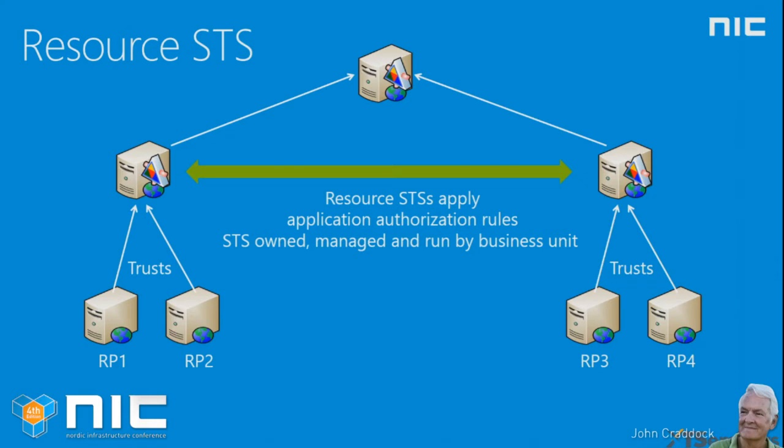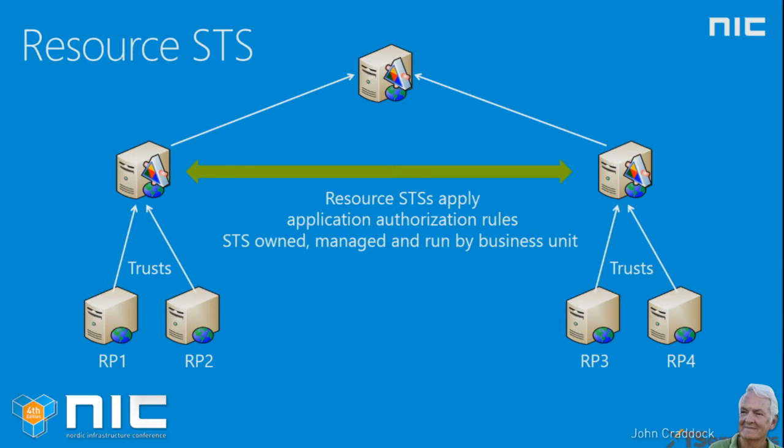So we can have relying party 1 and relying party 2 with a trust relationship to one security token service, and then relying party 3 and relying party 4 have a trust relationship to another security token service. And it allows the business units to control the claims that are generated for those applications.